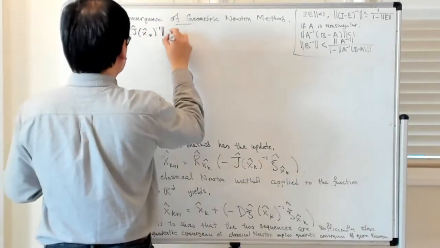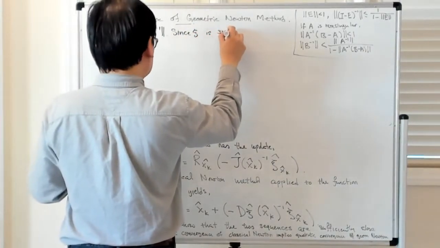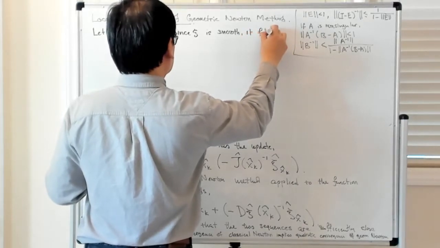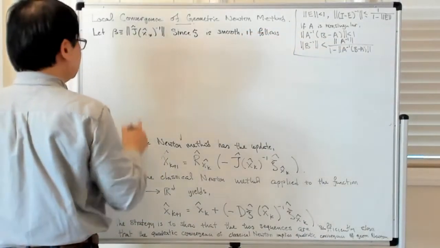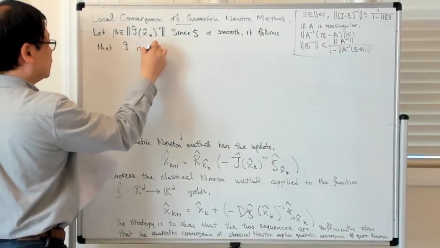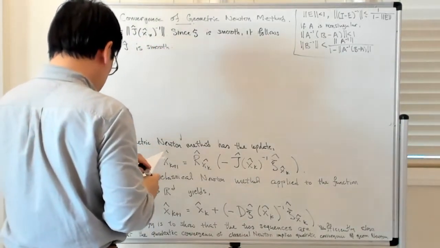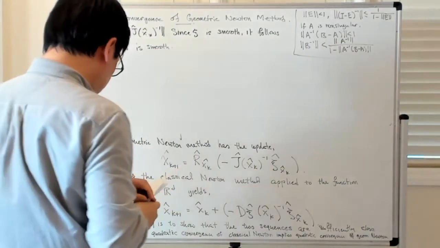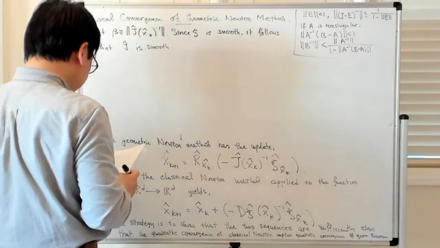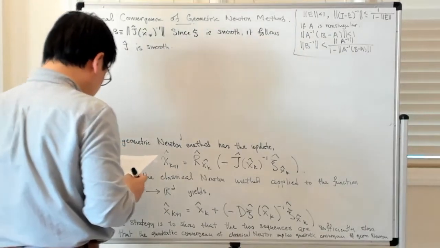Since the vector field is smooth, it follows that the Jacobian is smooth as well. Basically, one consequence of that is that you have a Lipschitz estimate.